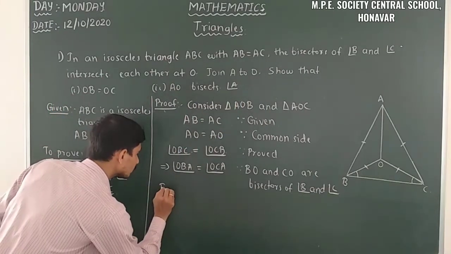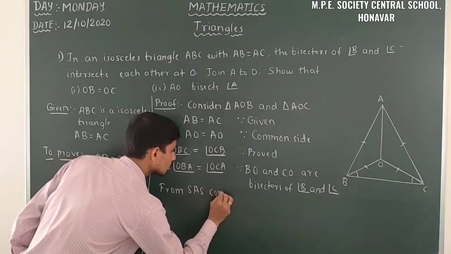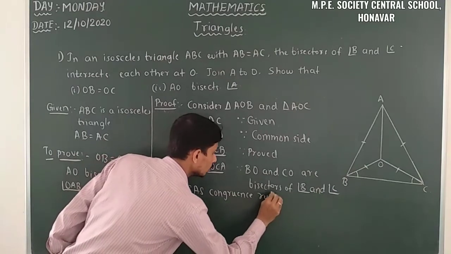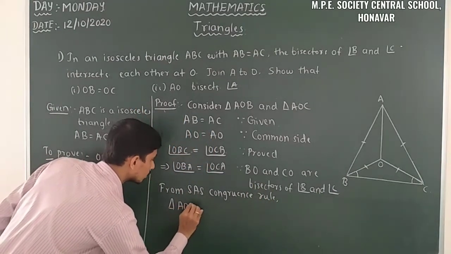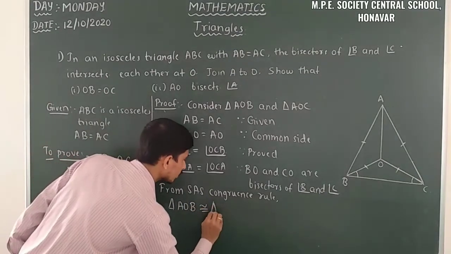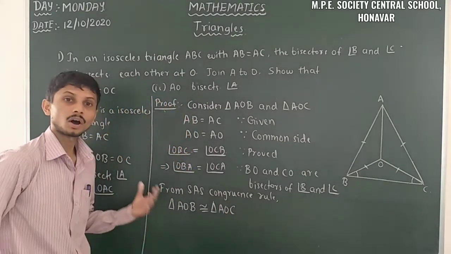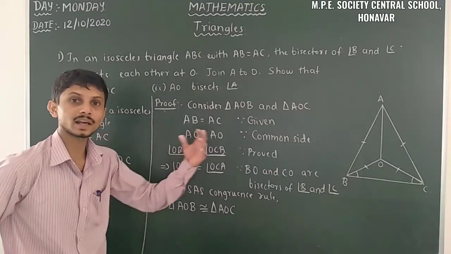That is from the SAS congruence rule. So we can take triangle AOB is congruent to triangle AOC. After that, all the corresponding parts of those two congruent triangles are equal.